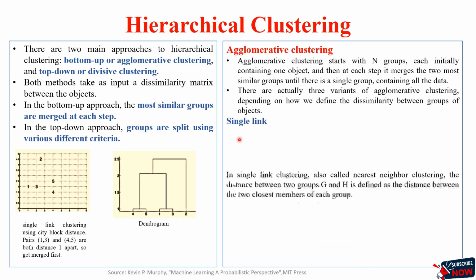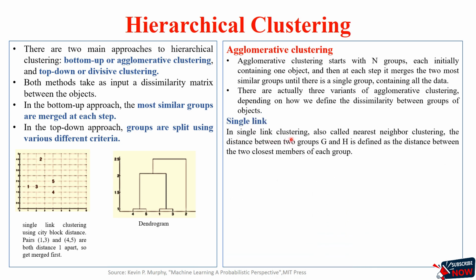The first one is single link. Single link clustering is also called nearest neighbor clustering. The distance between any two groups is defined as the distance between the two closest members of each group. Here G and H are the two groups. We define the minimal distance between the two closest members of each group.